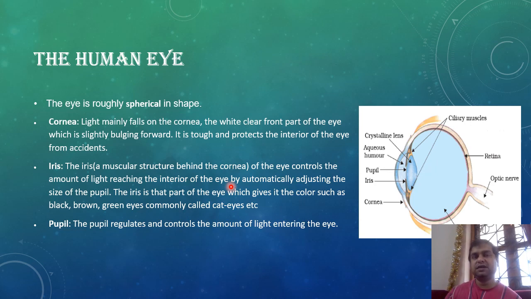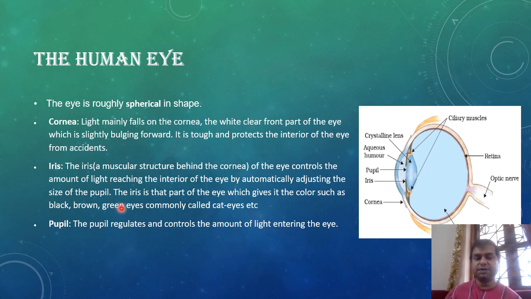The iris only does the job of deciding whether it should allow the light or not. But once the light is inside, the pupil decides how much light should actually be entering the eye and ultimately reaching what we call the retina. That is why it is crucial when we try to see bright objects.